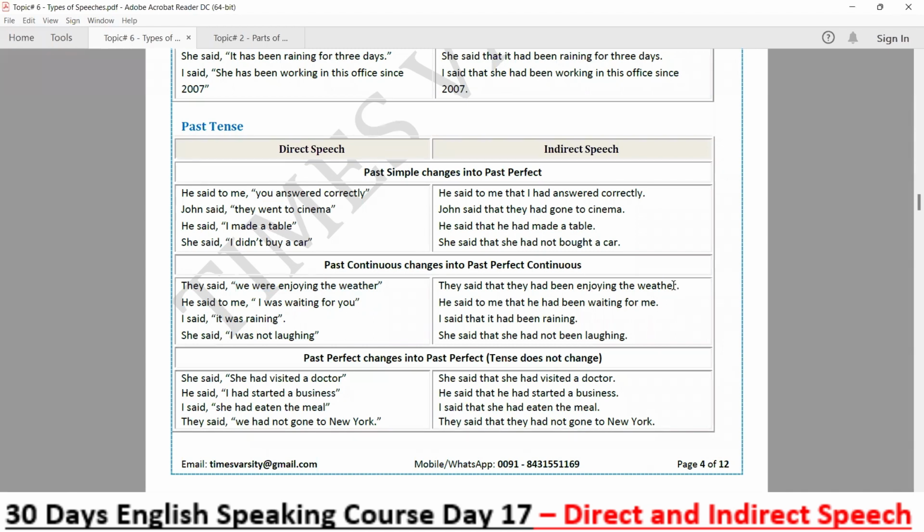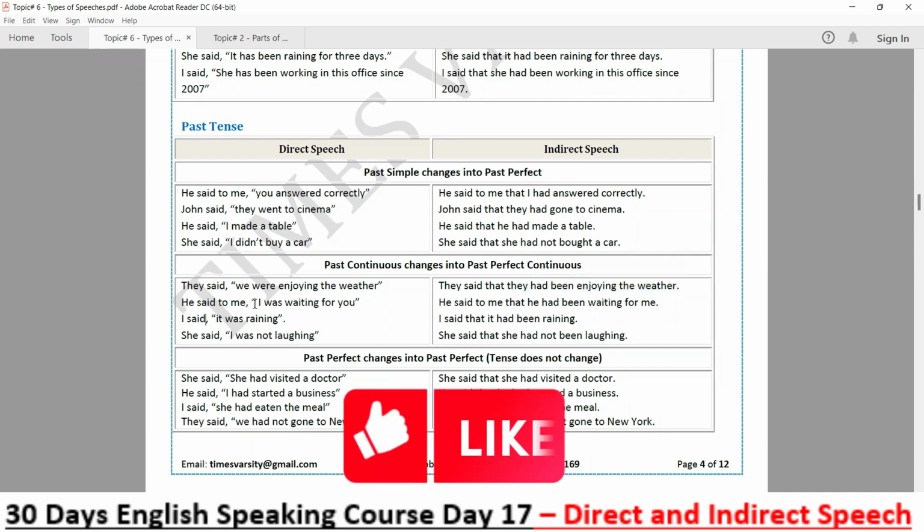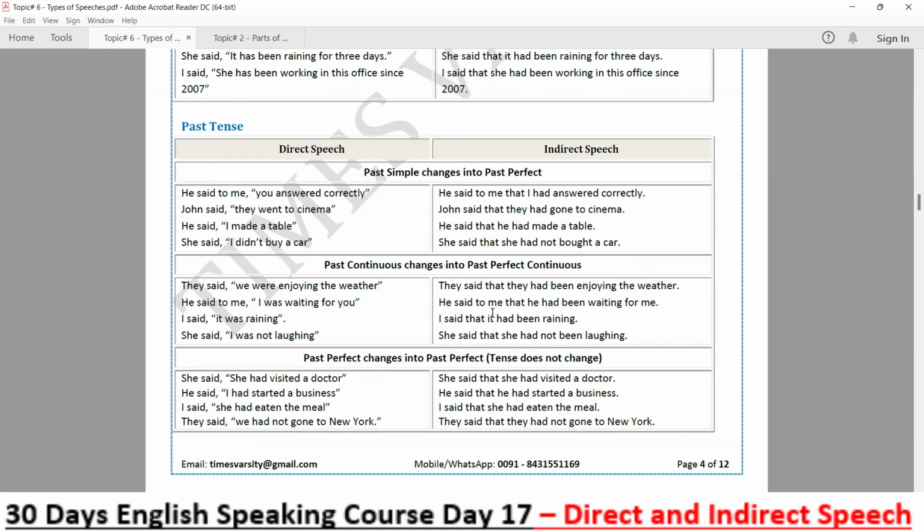So it is past perfect continuous. Okay. So he said to me, I was waiting for you. So he said to me that he had been waiting for you. Past continuous changes to past perfect continuous.